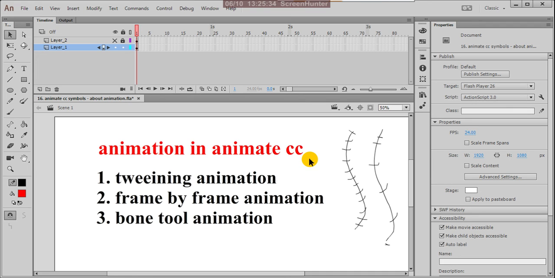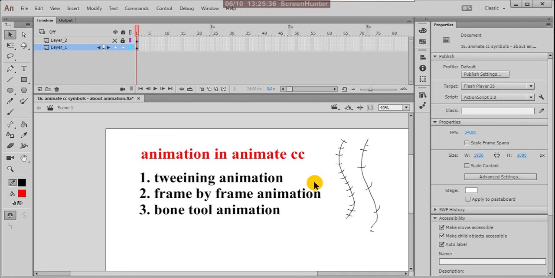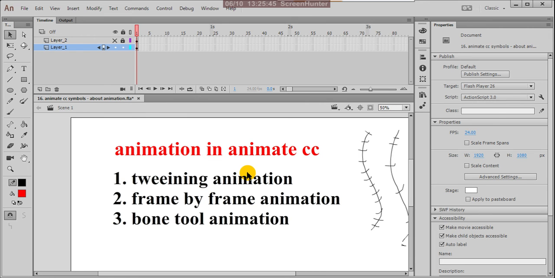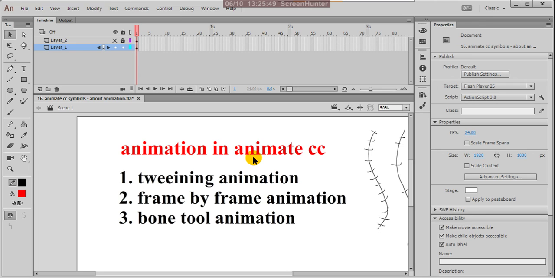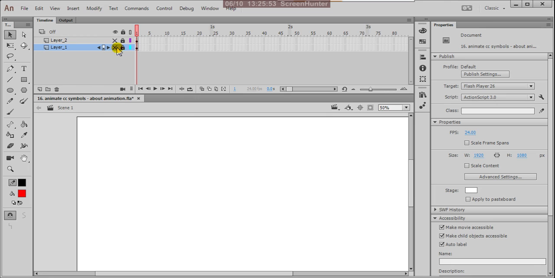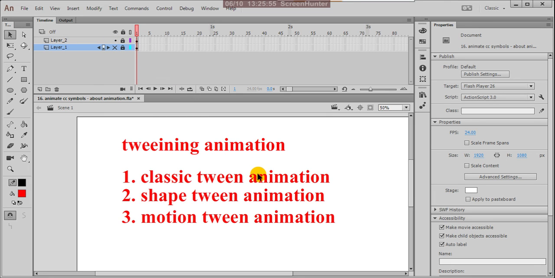Now I'm focusing only on the methods we use in Flash Animate CC. The first one is tweening animation. In tweening, again, there are three types of animations: classic tween animation, shape tween animation, and motion tween animation.